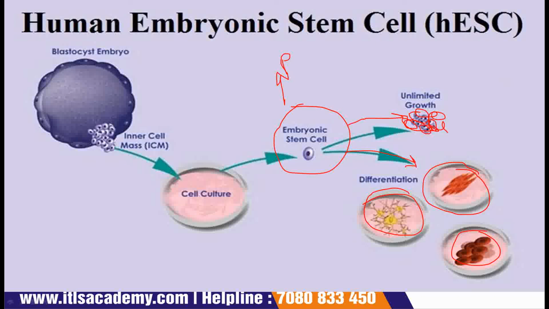These embryonic stem cells cannot give rise to trophoblast. Except trophoblast, all these cells can be formed from the embryonic stem cells. So that's why embryonic stem cell is known as a pluripotent cell.